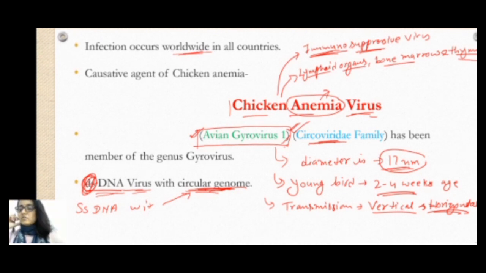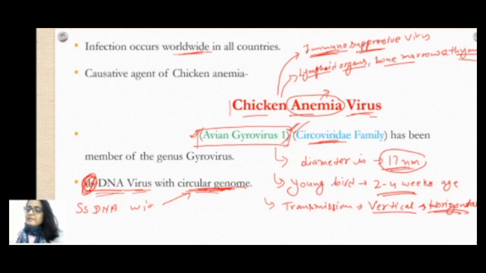The diagnosis of the disease is based on the history and clinical symptoms. Some of the clinical symptoms seen are that birds do not eat, and the skin color of the birds changes from pink to pale because of the anemia.